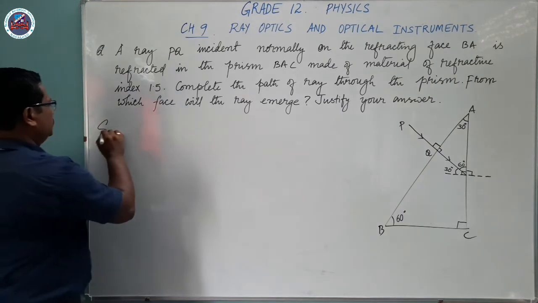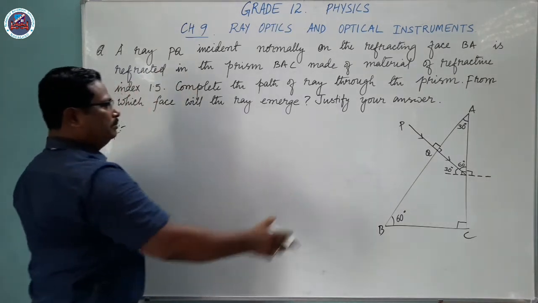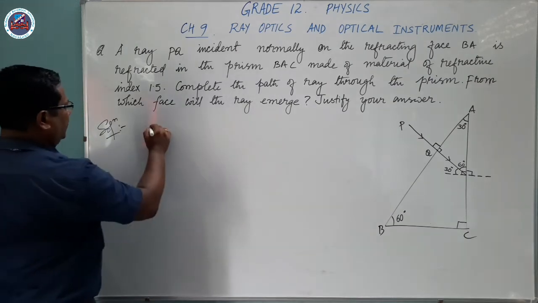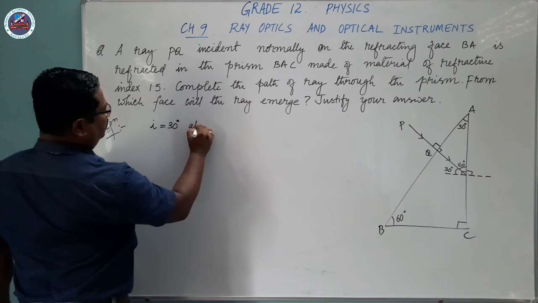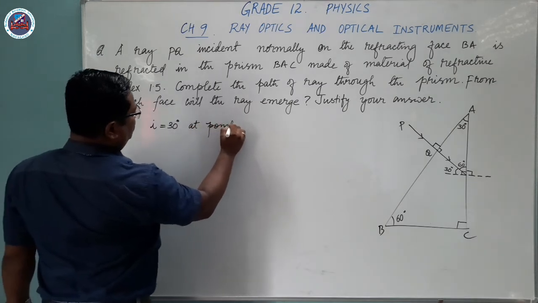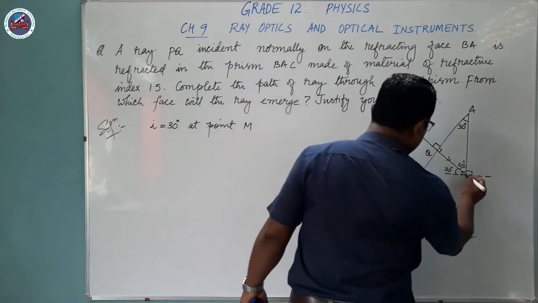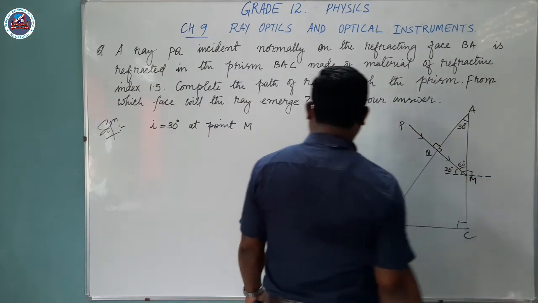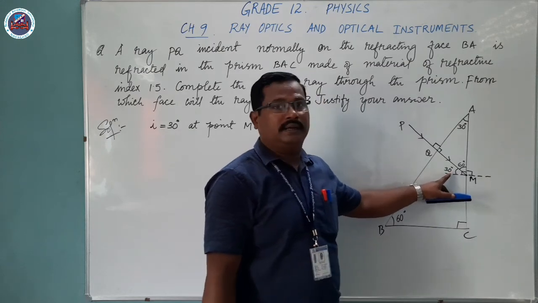Here, in the solution, they ask you to justify as well, so you have to do it numerically and show. Angle of incidence i is equal to 30 degrees at point, let us mark it, point M. Is this angle greater than the critical angle or smaller than the critical angle?